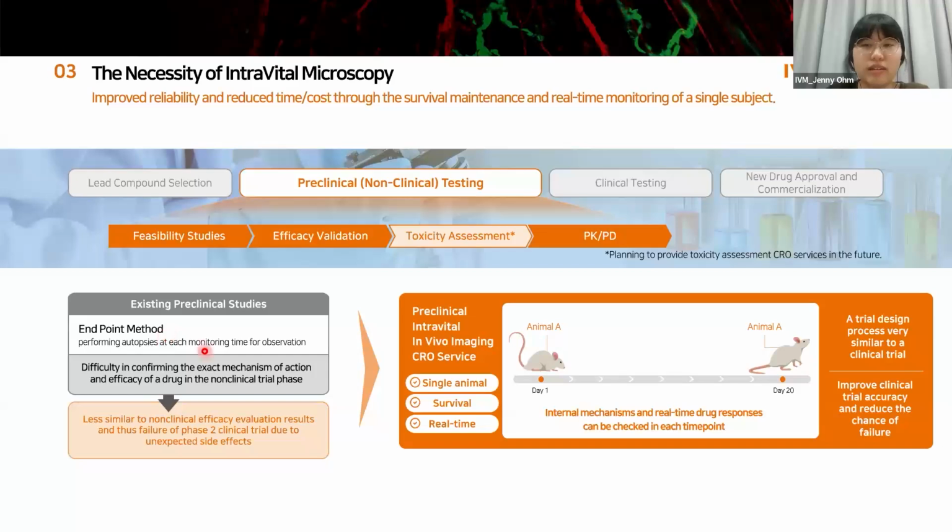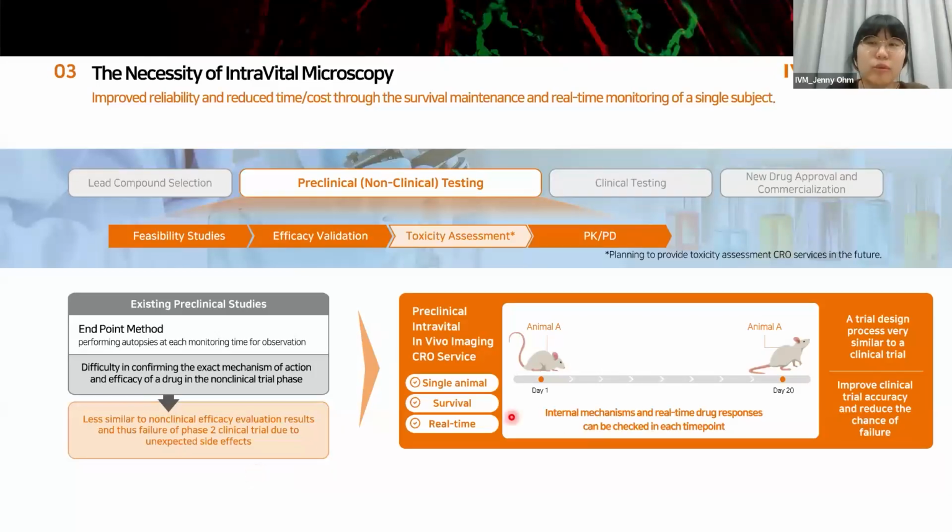However, this method has significant limitations as it cannot adequately capture the variability of drug responses between individual subjects and falls short in providing a precise understanding of drug distribution or mechanisms of action within the organism or animal. As a result, it becomes difficult to accurately evaluate a drug's efficiency, increasing the likelihood of failure in clinical trials.